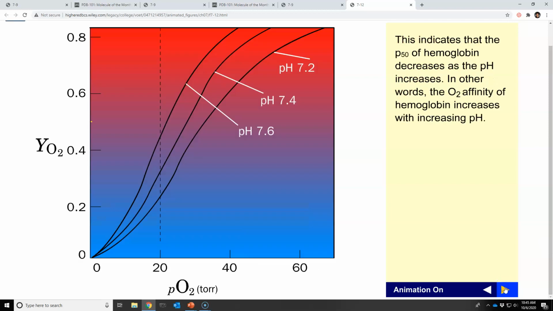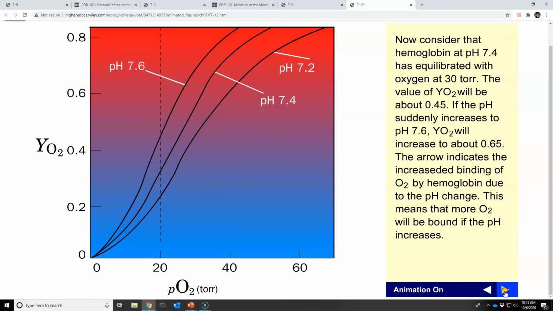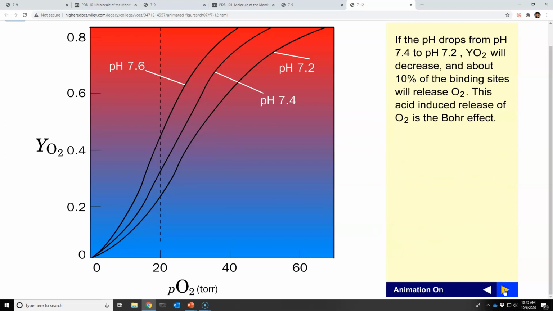So if we look at this curve right here, we can draw our lines right here and we can see that as the pH decreases, the P50 increases. So if we were to look at more basic blood, that means that the hemoglobin would hang on to its oxygen more. But what I like to do is focus on what happens when the pH decreases.